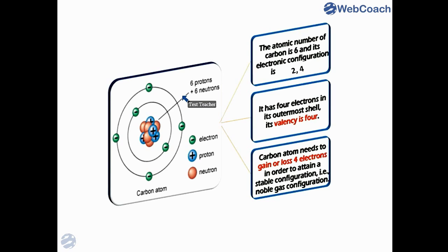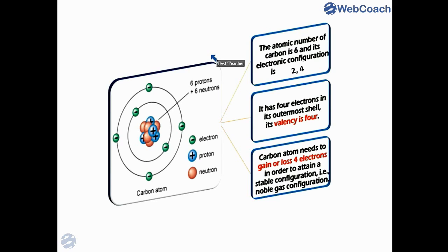Neon has an atomic number of 10, right? So for carbon to achieve that, it has to either accept 4 electrons so that it becomes 8 outside, right? Or it has to lose 4 electrons so that it becomes helium, which is the other noble gas in the vicinity of carbon.